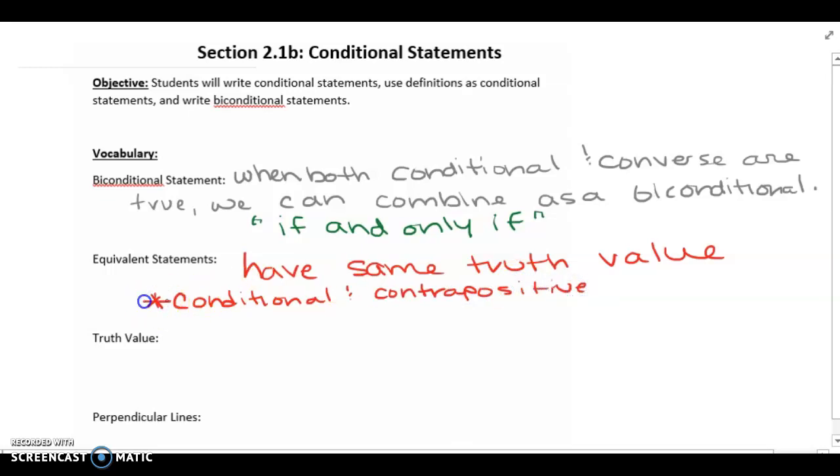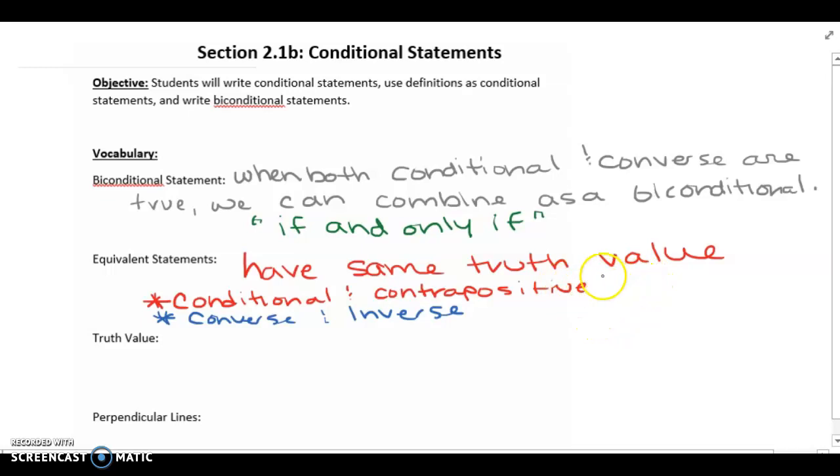The conditional and the contrapositive will always have the same truth value. They'll either both be true or they will both be false. And then the converse and the inverse are also equivalent statements. Once again, the converse and inverse will both be true or they'll both be false.